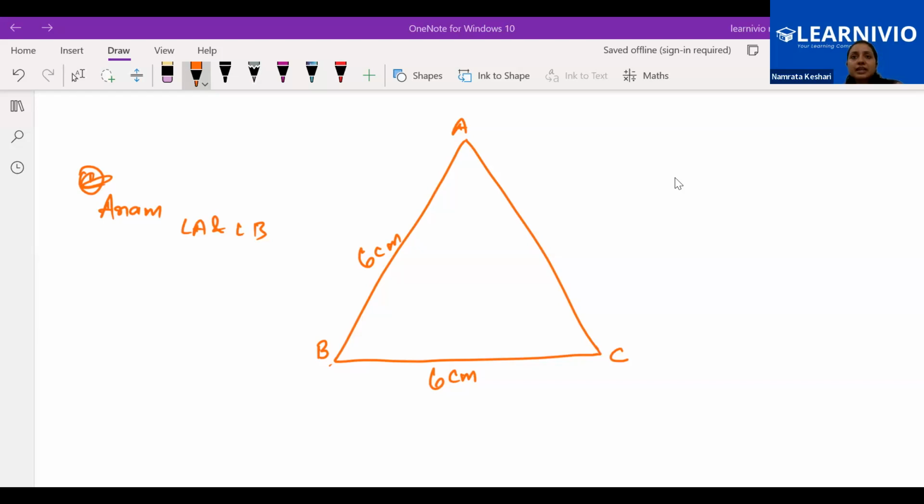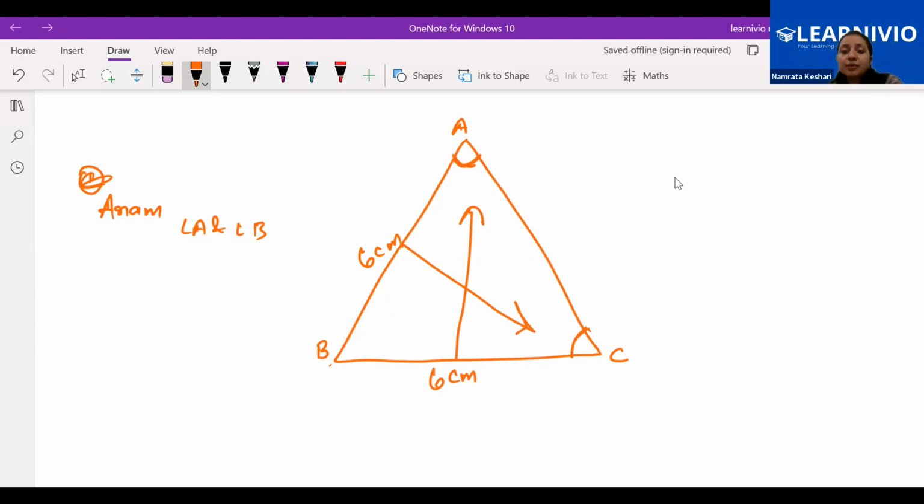In statement form, we say that opposite to the sides which are equal, the opposite angles will be the same. That means if BC and AB are equal, then the angle opposite to BC and the angle opposite to AB will be the same.